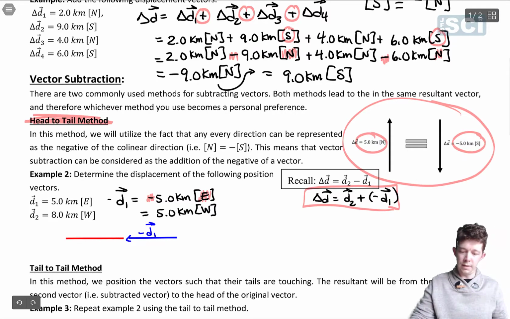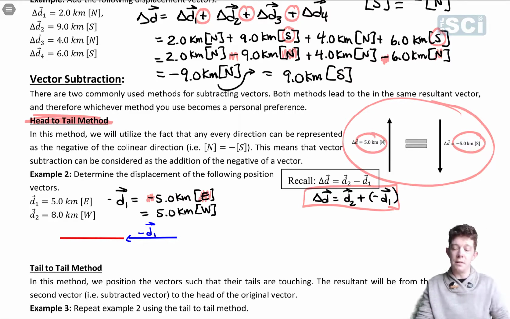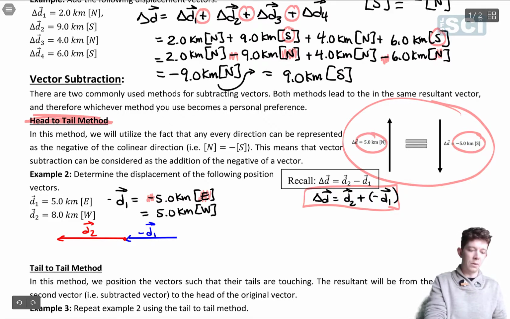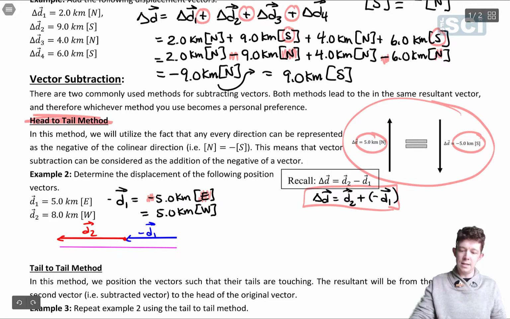Remember, head to tail means that I'm adding the vector from the head of the first vector to the tail of the second vector. So I have D2. And remembering that displacement is from the very beginning to the very end, we can simply see visually that it would become 5 kilometers west plus 8 kilometers west to give me that the total displacement would be 13 kilometers west.